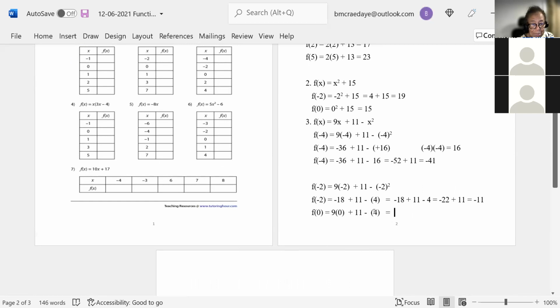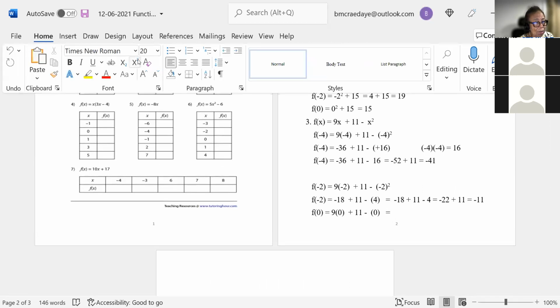So instead of the minus 2, this is a 0, right? And this 0 is raised to the second power. So I can just put that 2 in there.